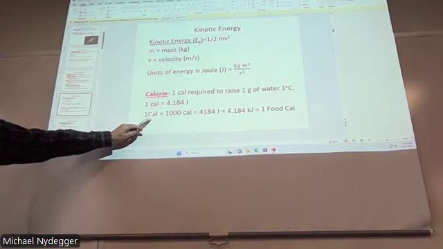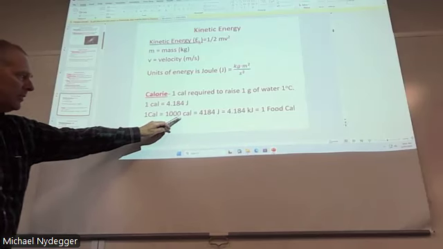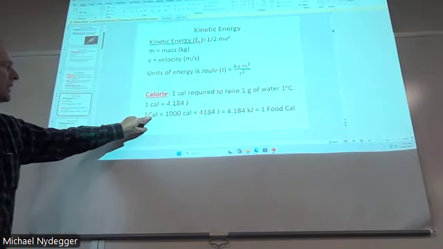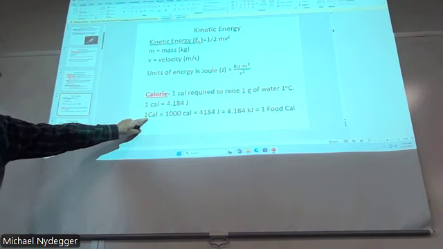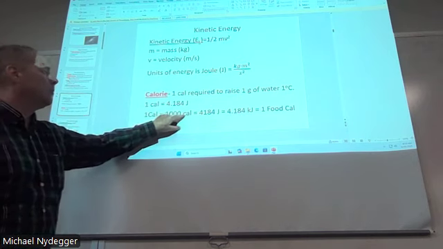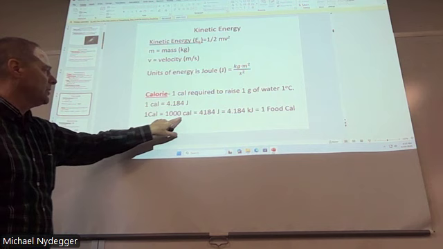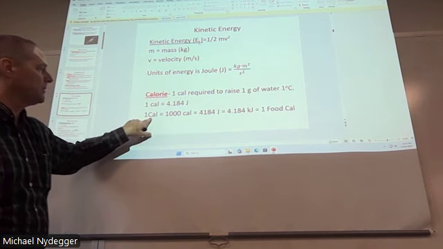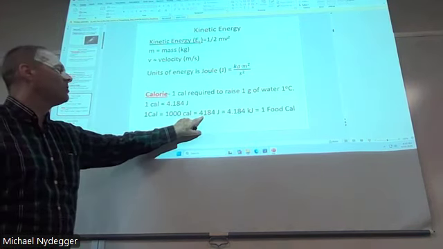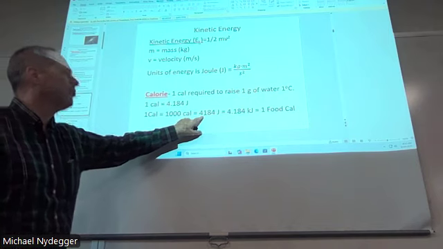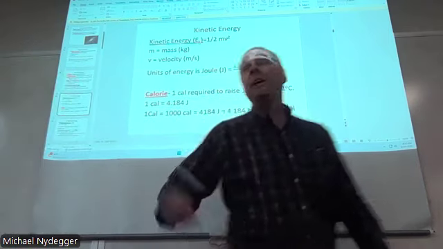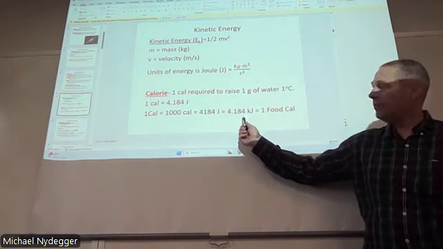1 food calorie is equal to 1,000 calories. So the capital C is food calories, also called kilocalories, and it is equal to 1,000 of these lowercase c calories. Or it's equal to 4,184 joules, or 4.184 kilojoules.